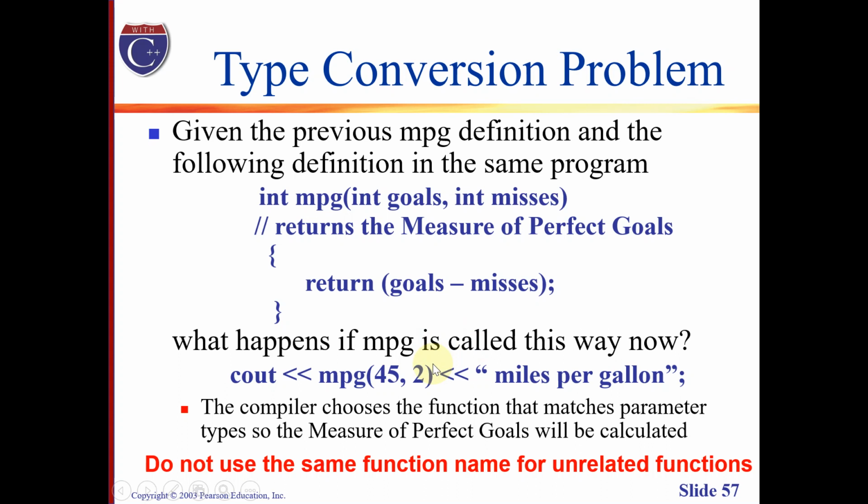Therefore, we must avoid such a scenario in order to avoid the type conversion problem in which the compiler will choose the version of the function that matches the parameter type that was provided in the function call.